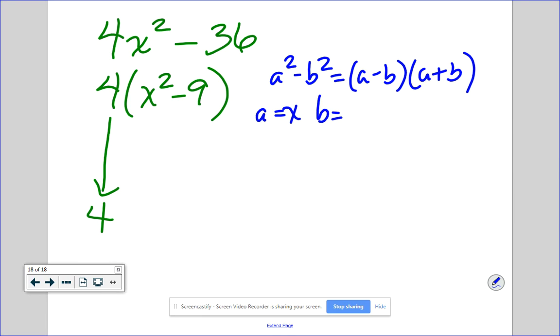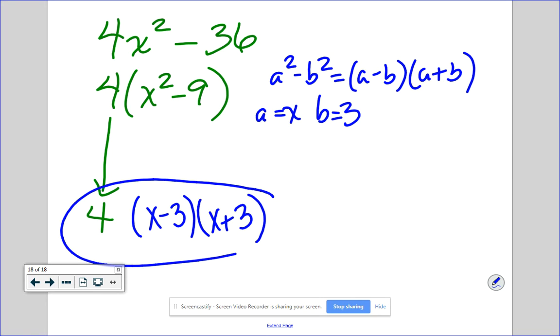What's b? 3. b squared is 9, which then means b is 3. How do I get those numbers? Just take the square roots. Okay, plug into the formula. I get x minus 3, x plus 3, and there's my factor. That's it.